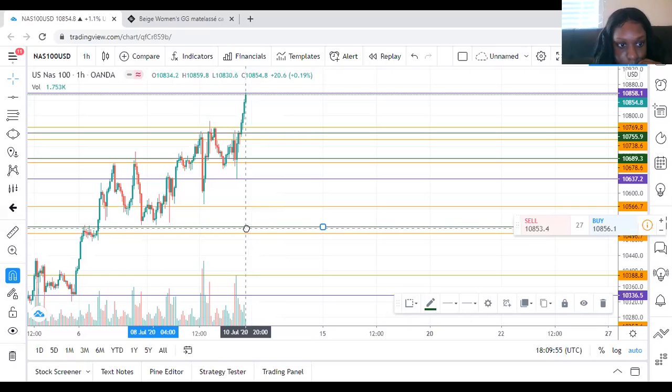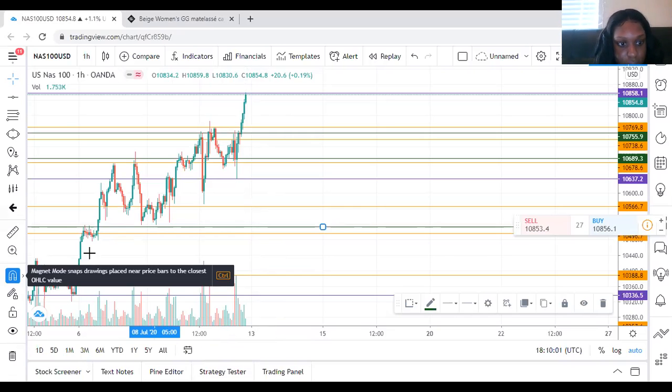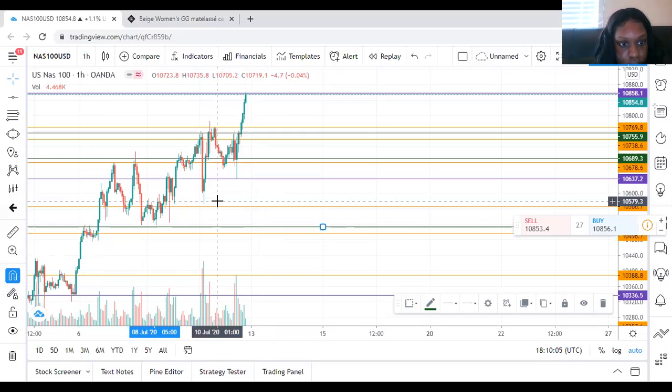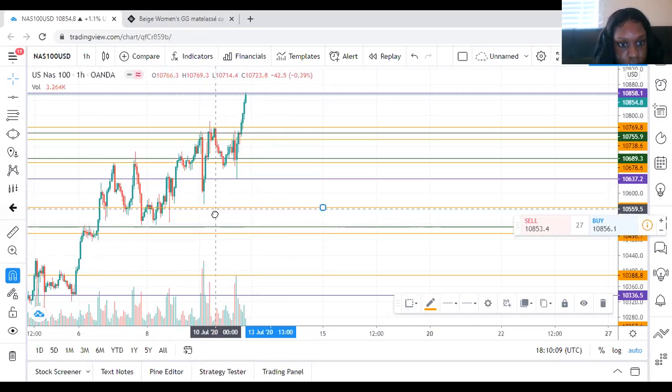This is a good example right here. It's just where price, like every time it hit that zone, it did some crazy stuff. Like you see all that crazy stuff and it broke out.